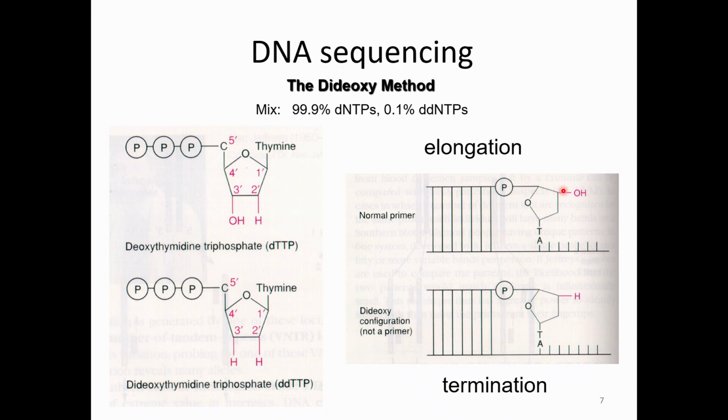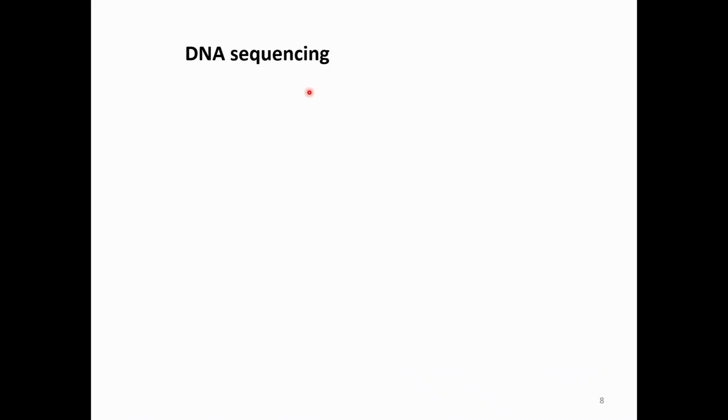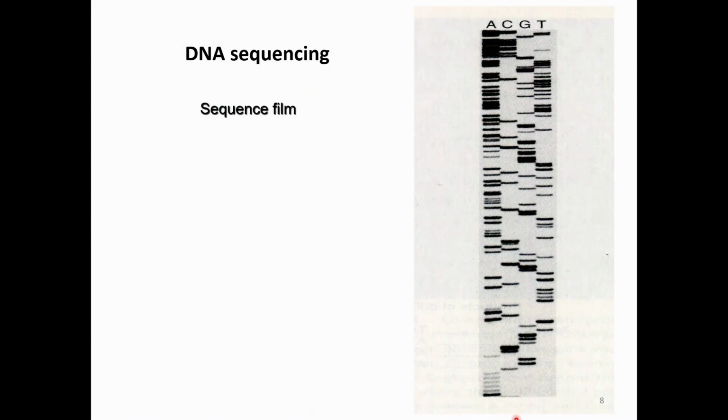So 99.9% of the time, synthesis continues, but 0.1% of the time, you add a dideoxy and that chain will terminate right there. So if you then do this sequencing reaction and you label it on the end, you actually do 4 sequencing reactions, one with dideoxy A, one with dideoxy G, one dideoxy C, one dideoxy T, and you can run them on a gel that separates them by size, and here's what it looks like.